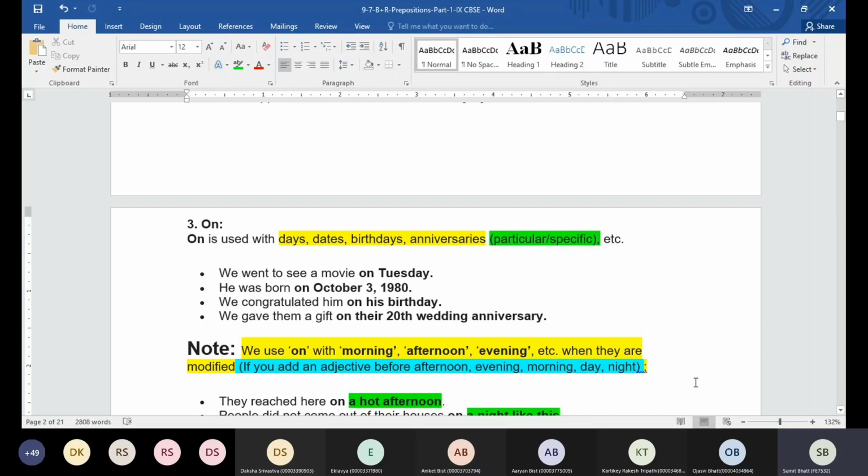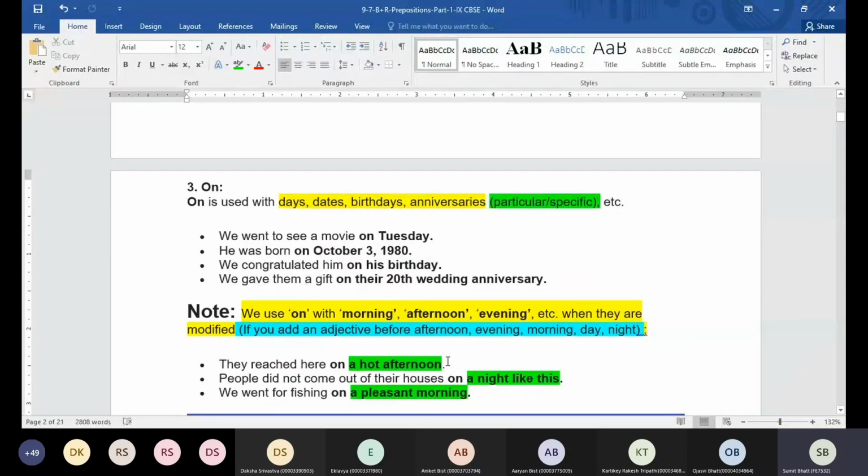But if you use a few words before them, that is going to be an adjective, to describe what type of morning, afternoon, or evening you had. In that case, before these words, we are supposed to use on. So pay attention. If you use an adjective before afternoon, evening, morning, day, or night, you are modifying it, and in that case we don't use the word in, rather it becomes on.